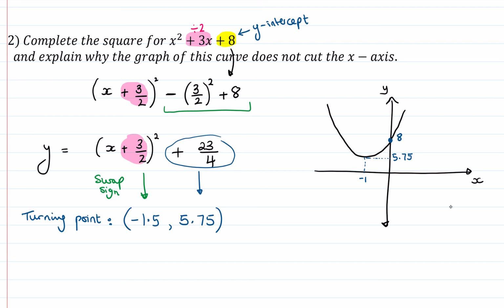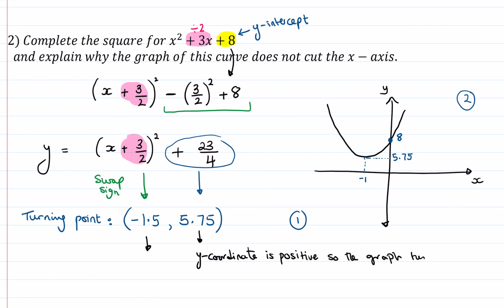So your first step is to find the turning point. Your second step could be to draw a graph. Alternatively, you can simply explain that the y-coordinate is positive. So the graph turns without cutting the x-axis.